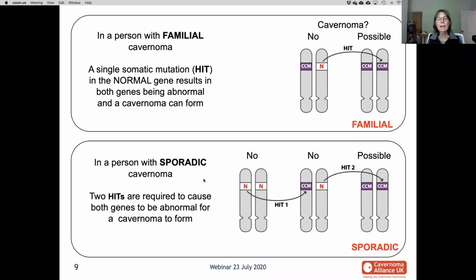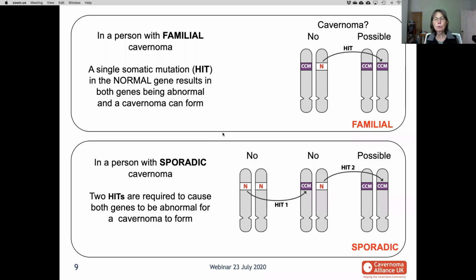What really flabbergasted me when I first learned about this was that when I went to school, the idea of genetics and genetic illness was all about inheritance. You inherited a faulty gene and that could lead to an illness. The thing that flabbergasted me about this hit business was that there are two things going on here.